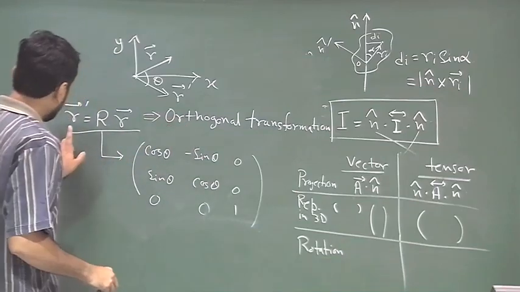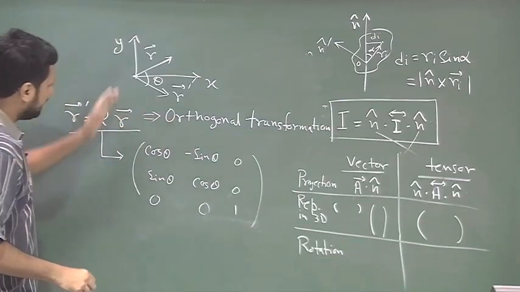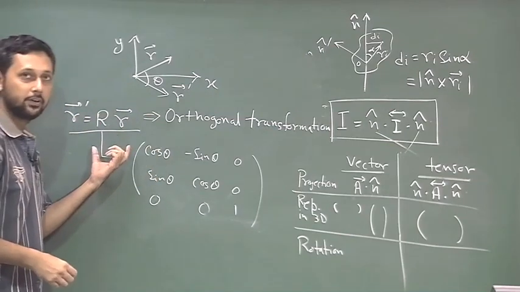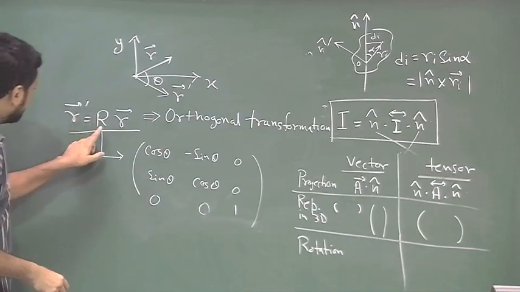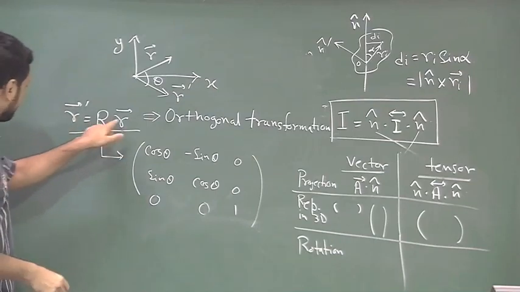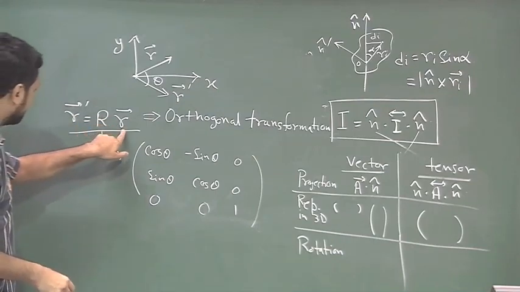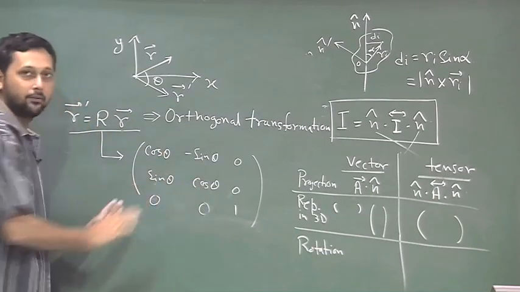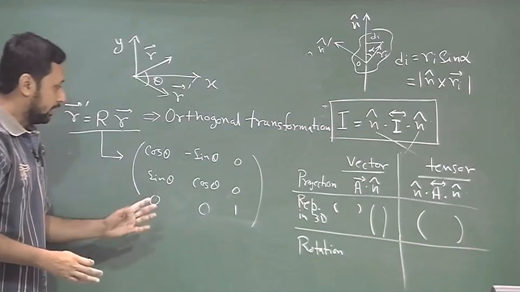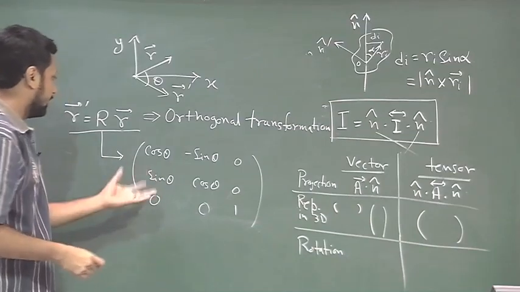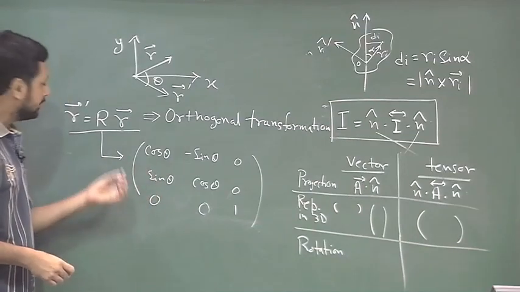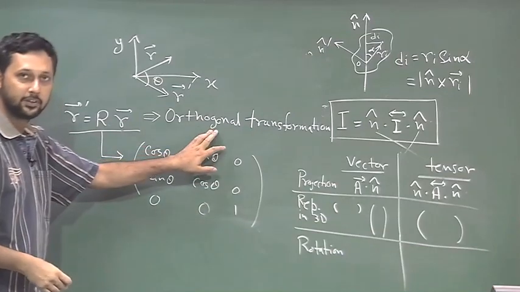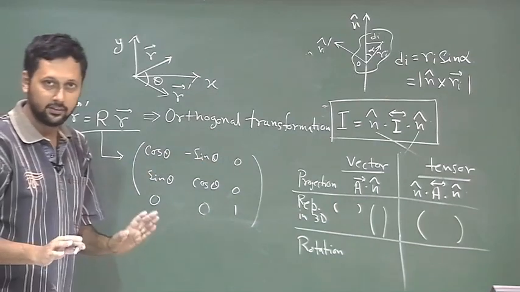So, we see that for a vector, this is how we apply the orthogonal transformation. The general form for a vector is r dot is equal to capital R times the vector r, where capital R is a rotation matrix of this general form. It can have many different forms, and there are very specific sets of properties for an orthogonal transformation matrix, which we are not discussing in this course.